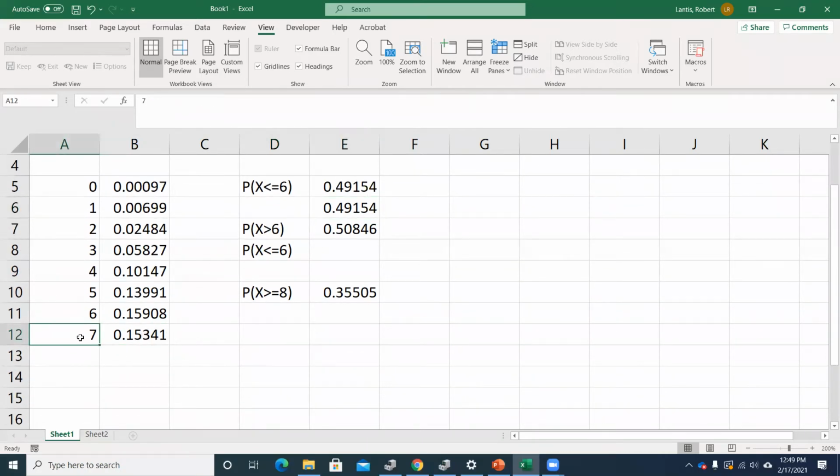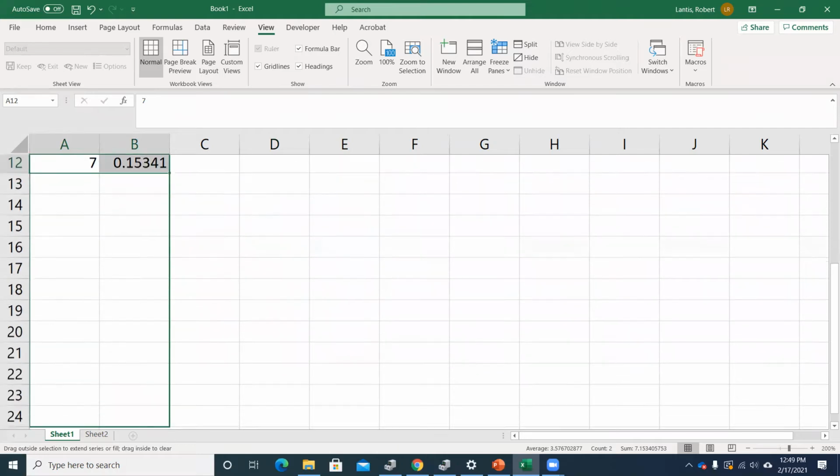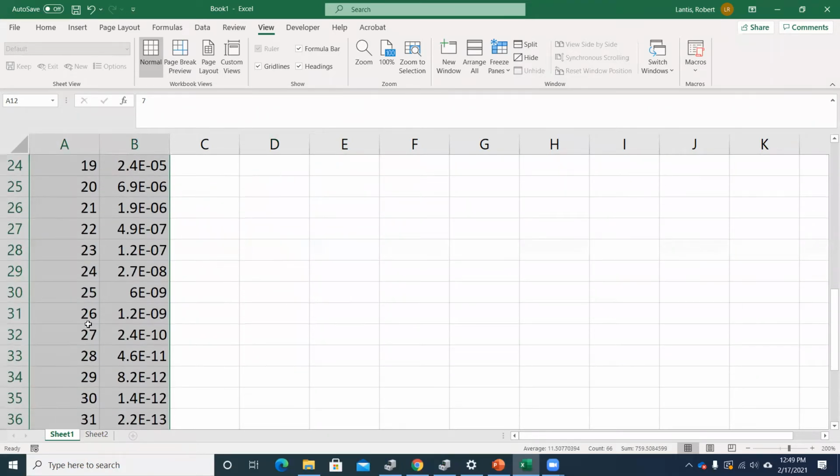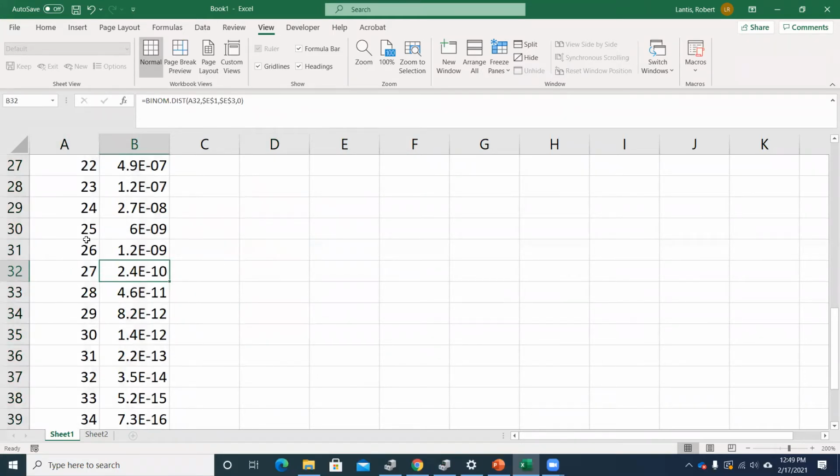If I really wanted to, I could fill that series and find all types of different outcomes. Now notice, the probability any one person is a millionaire is 6.7%, but the probability I get to 25 out of 100 millionaires, these are essentially probabilities of 0, right? E to the negative 9 means move that decimal point 9 places to the left.